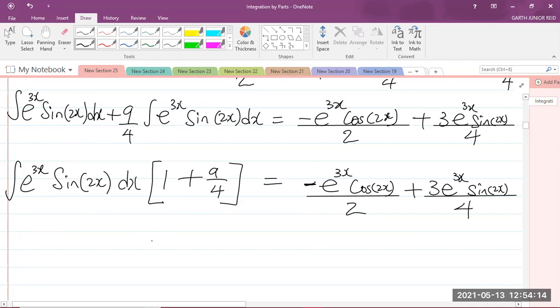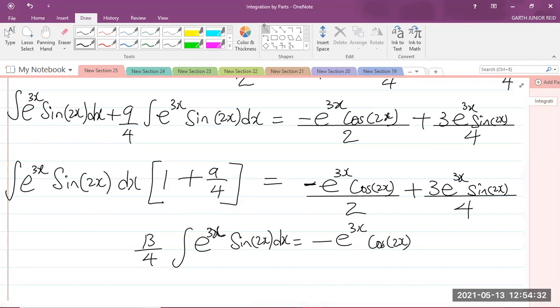So what I will now have is 13 over 4 multiplied by the integral of e to the 3x sine of 2x dx being equal to negative e to the power of 3x cosine of 2x, and we are dividing that by 2, plus 3 e to the 3x sine of 2x, and I'm going to divide that expression by 4.